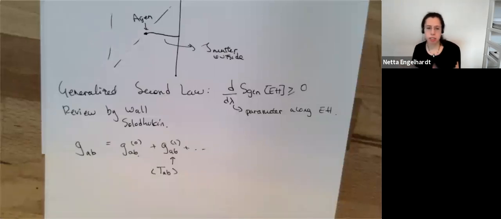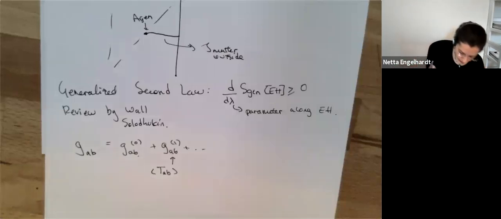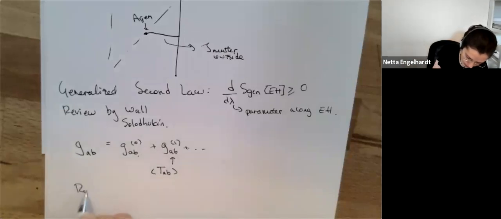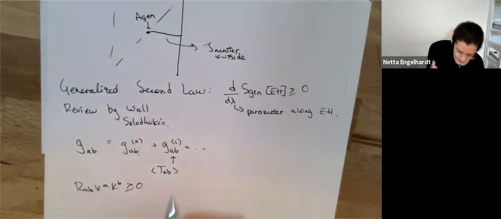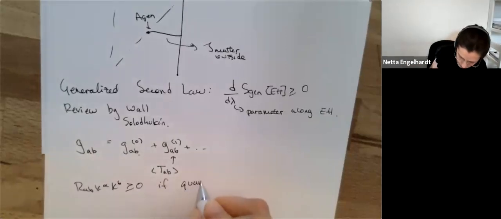Now, there is real reason to worry here, which is that at zeroth order, at first correction, we have quantum fields propagating on our spacetime. They don't back react on the metric. That means in particular that R_ab k^a k^b is still greater than or equal to 0 if quantum fields do not back react.